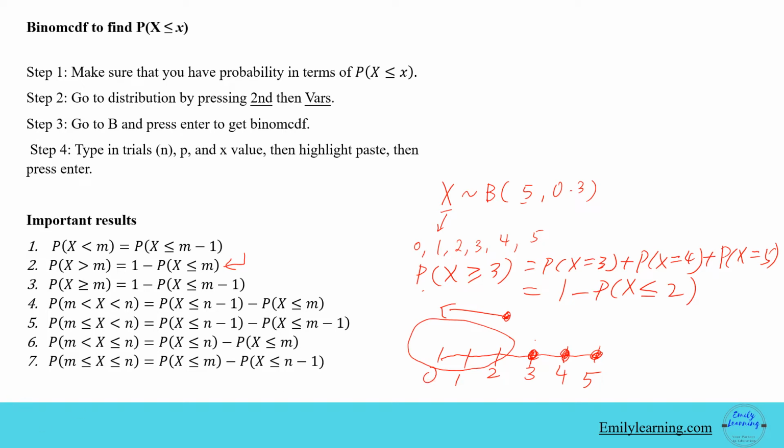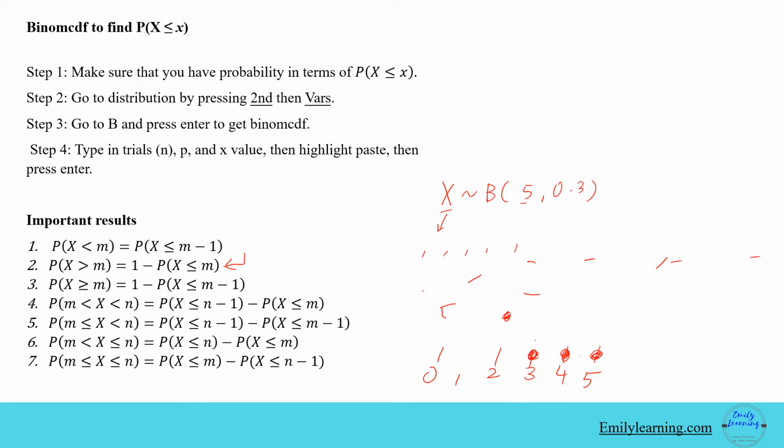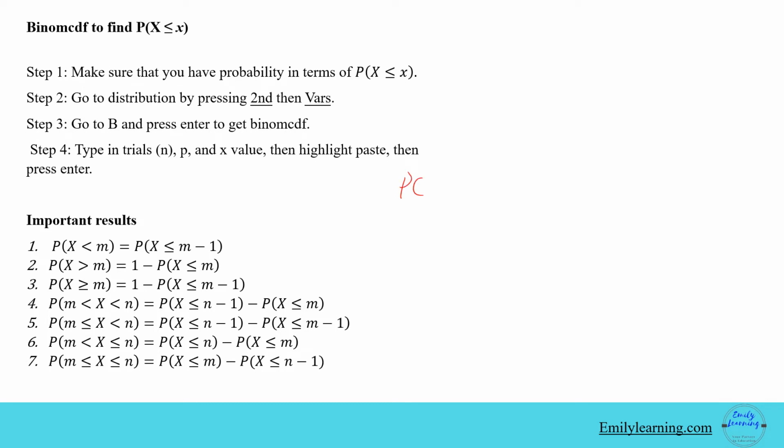All right, so let us use another example. So I'll erase this as well. Okay, so now we still have the same example, P of x. So we have a binomial distribution 5, 0.3. But even if it's not 5, it doesn't matter.